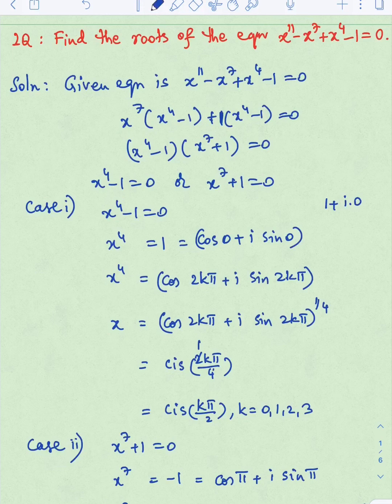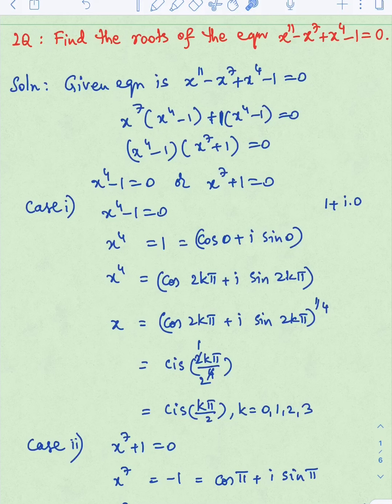Afterwards it will be cancelled. 2 ones are 2, 2 twos are 4. So what is the next step? This is k pi by 2, where k is 0, 1, 2, 3. In the question it is the 4th root. 4th root means only 4 values from 0.